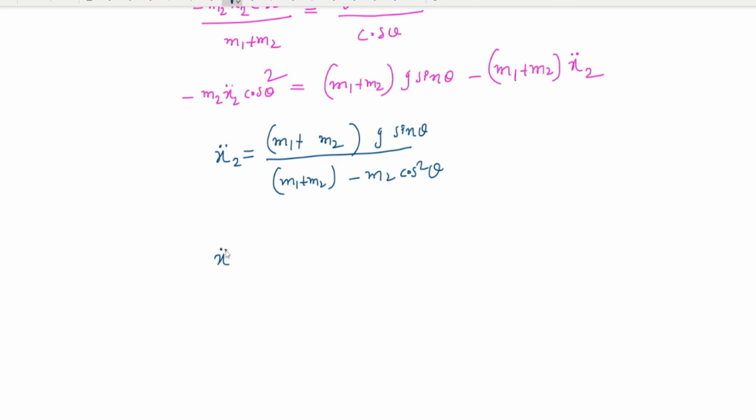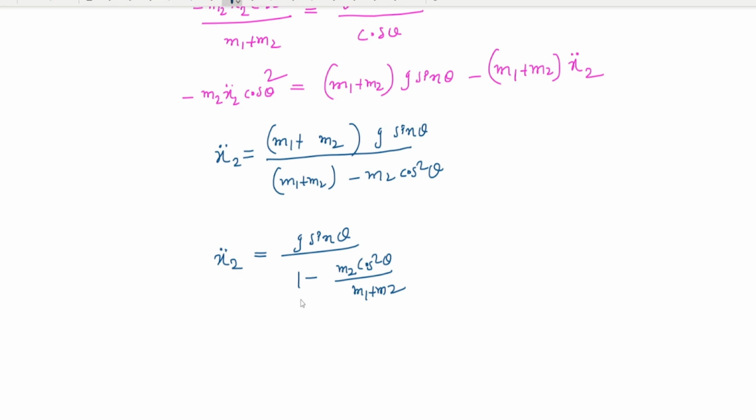So x double dot 2 equal to g sin theta divided by 1 minus m2 cos square theta divided by m1 plus m2. Okay.